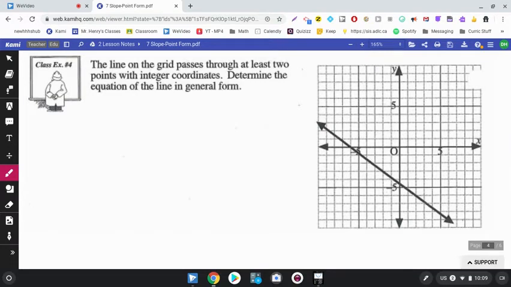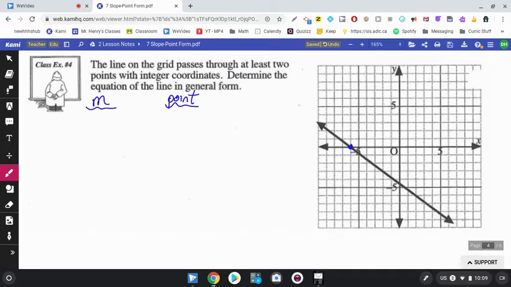So what I'm thinking is, find the equation of the line, I need the slope and I need a point, right? Maybe if I had the y-intercept, I could just use the slope and y-intercept, but that doesn't look like a very good y-intercept. So let's find the slope. It says there are at least two integer coordinates.